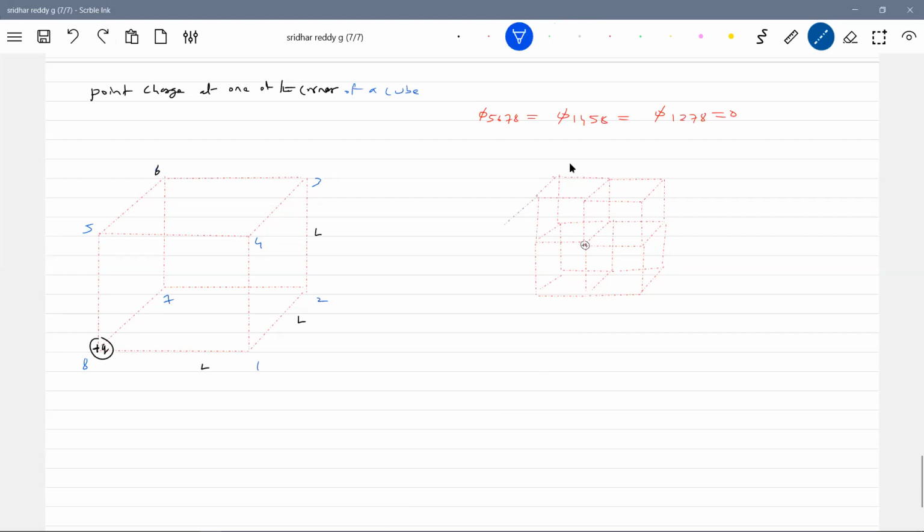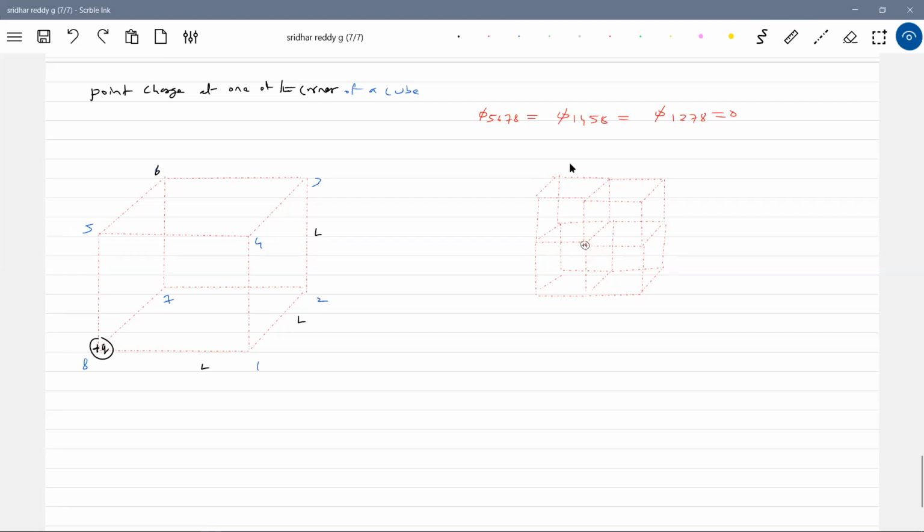It will take more time. So can you imagine another cube here below that? See that this point charge will become the center of those 8 cubes.